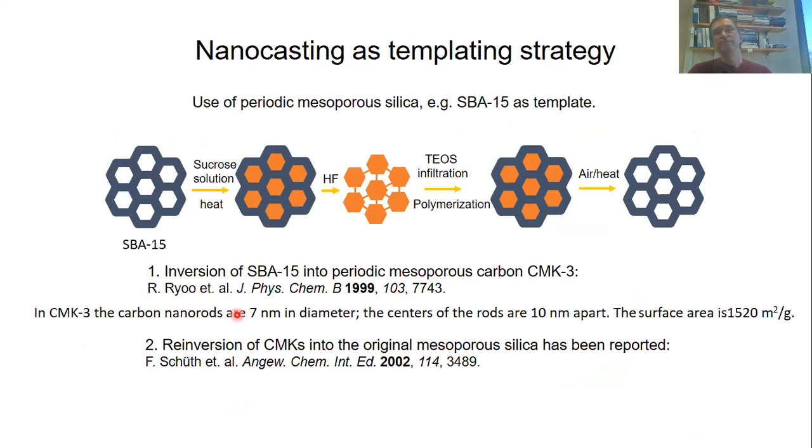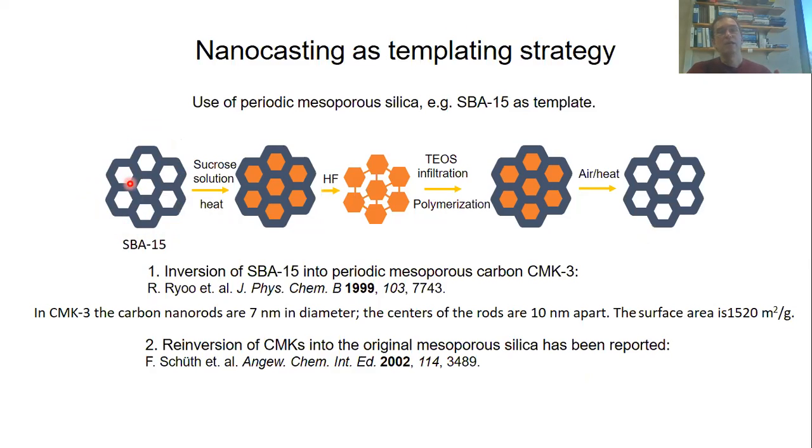Now, another pathway to mesoporous materials which are non-oxidic is a process called nanocasting. In nanocasting, you avoid solution assembly altogether. Rather, you use a periodic mesoporous material as a so-called hard template, and you infiltrate it with a precursor of your target material.